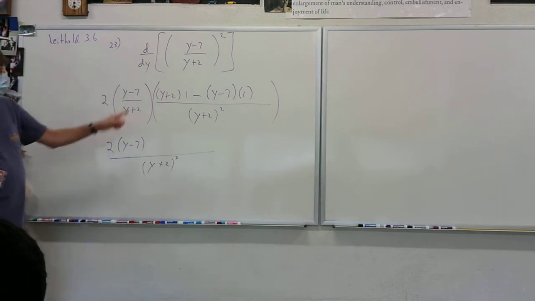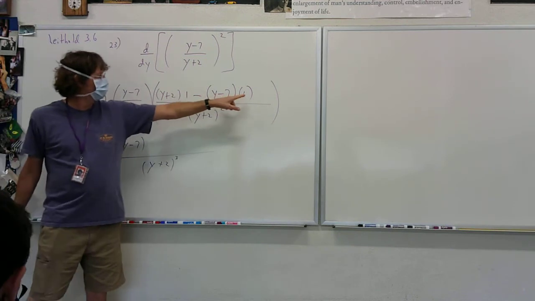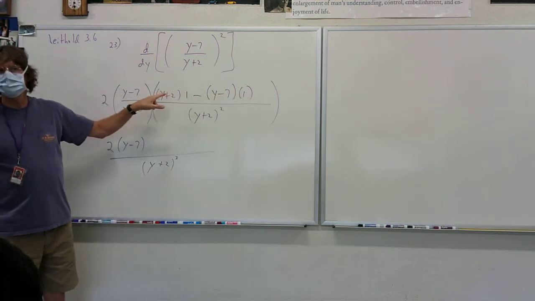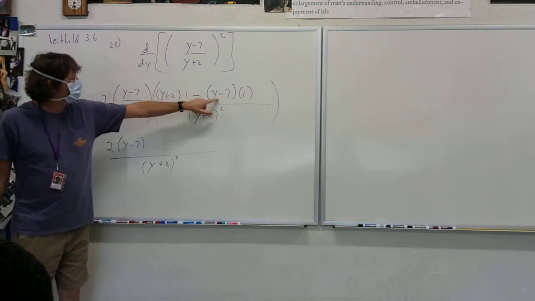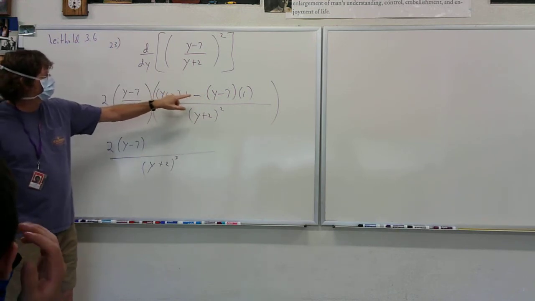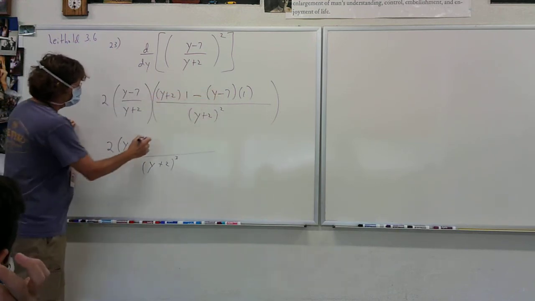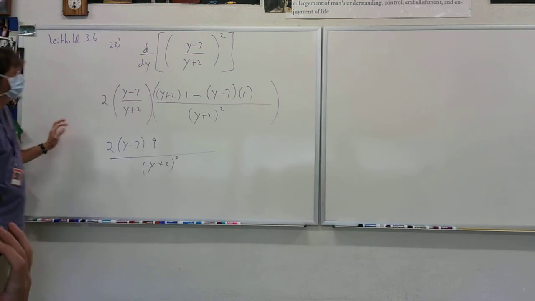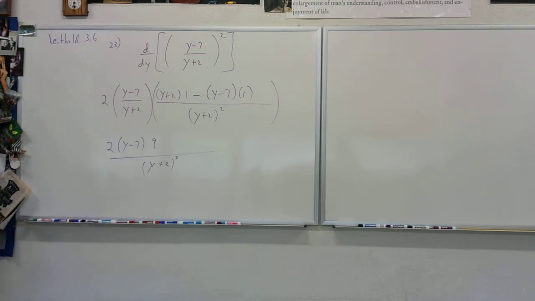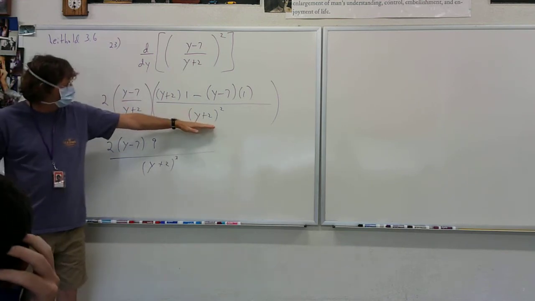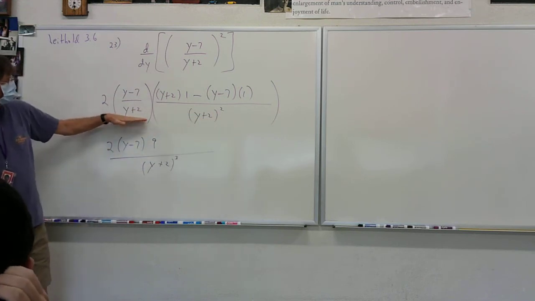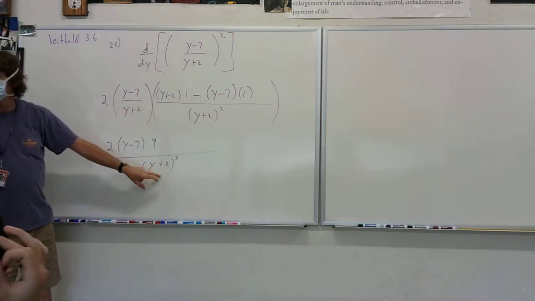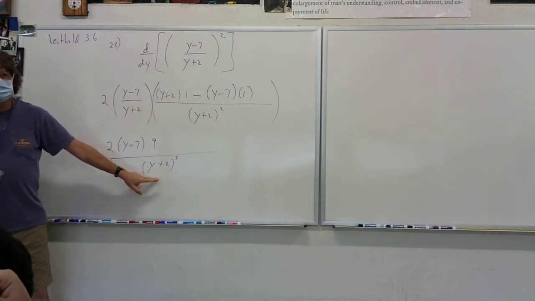And then I'm going to simplify that numerator. It's going to be y minus y, and then 2 minus a negative 7 is going to be how much? Big part I'm pushing is right here: y plus 2 squared, y plus 2 to the first, y plus 2 to the third.